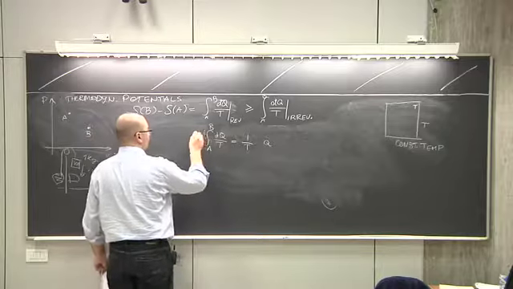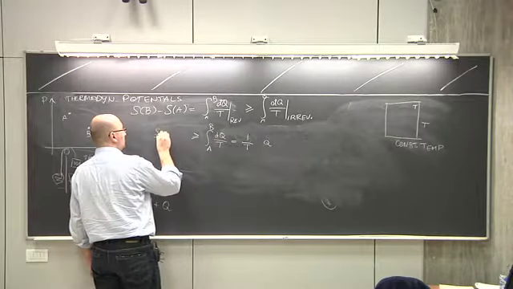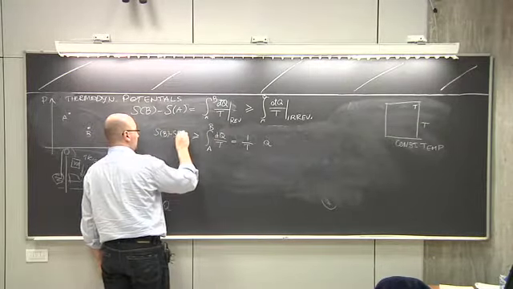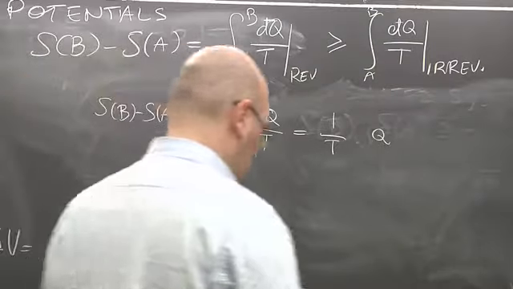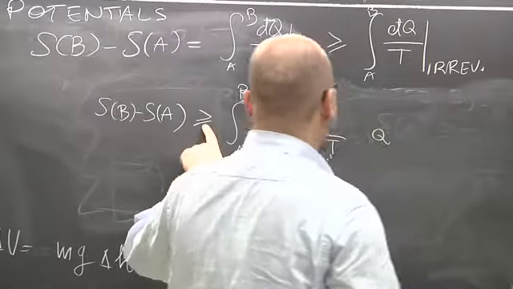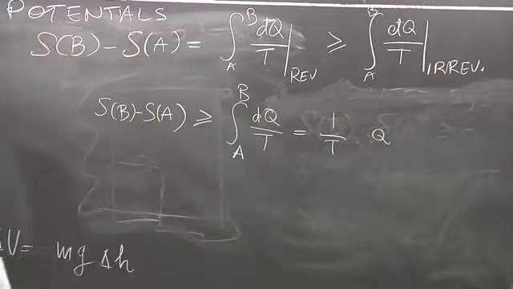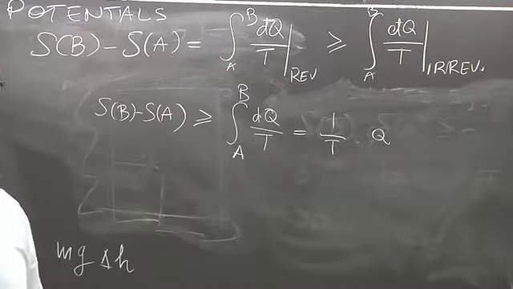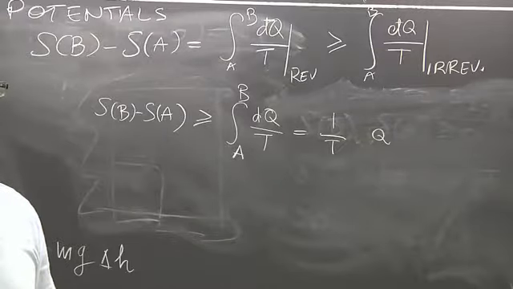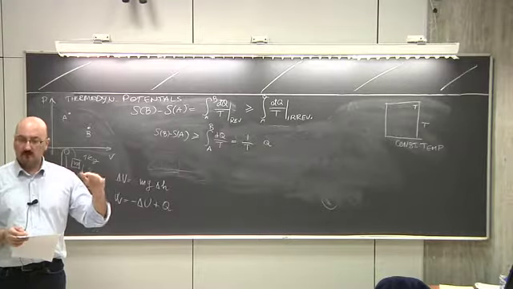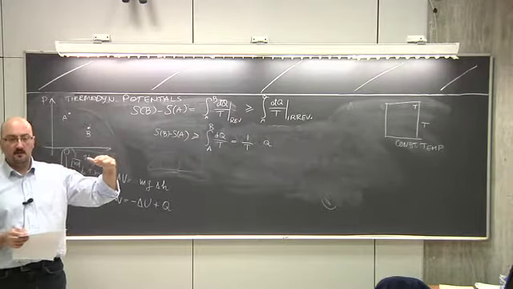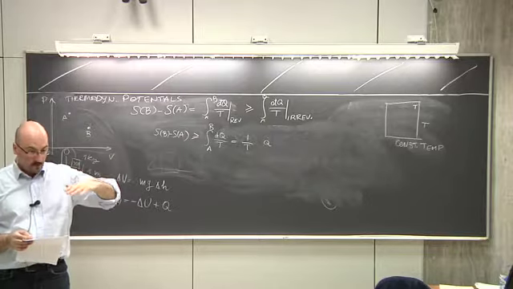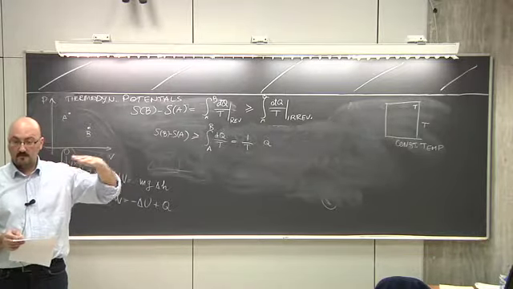And from this inequality, this is less than or equal to S_B minus S_A. The equality sign is only true if the process is reversible, which means that it goes through a series of equilibrium states. The increments are infinitesimal, and at every point the equation of state is satisfied.